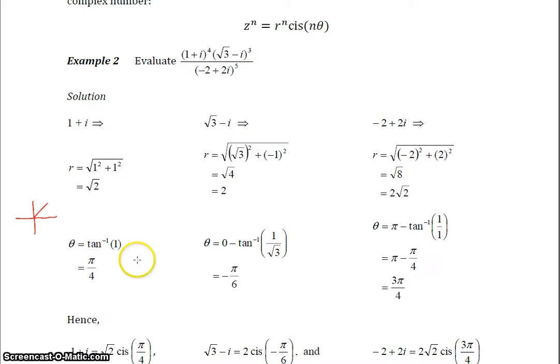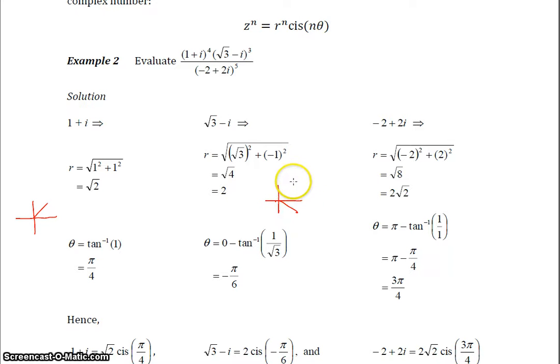For the next one, the square root of 3 minus i, that is going to be in the fourth quadrant because the real part is positive and the imaginary part is negative. So that's going to be found by considering 0 minus our basic angle.